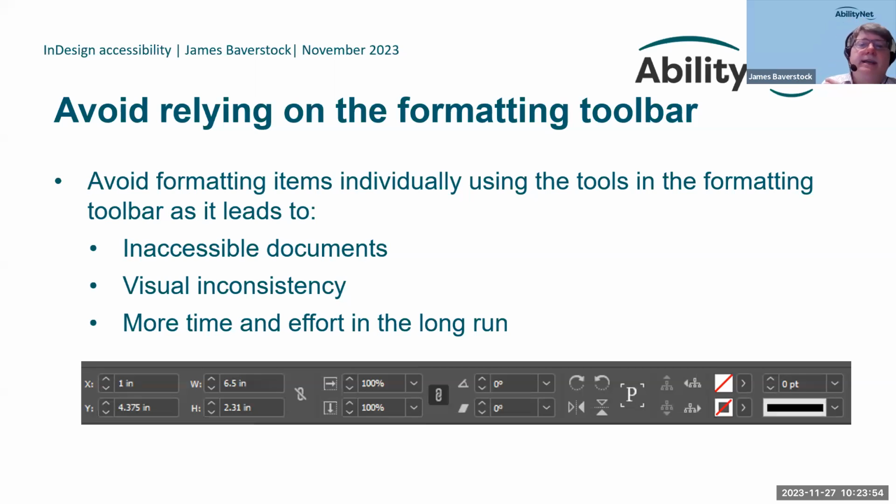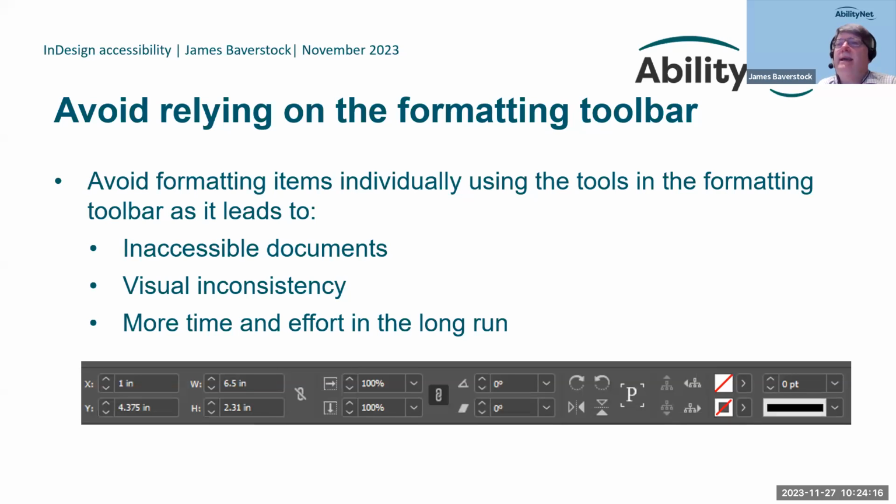Instead, you want to set up a paragraph style for your heading. And then you can use that paragraph style to apply the formatting to anything else that needs to be that level of heading. And you can also use that to tell the PDF export process what you want your tag to be for that heading.